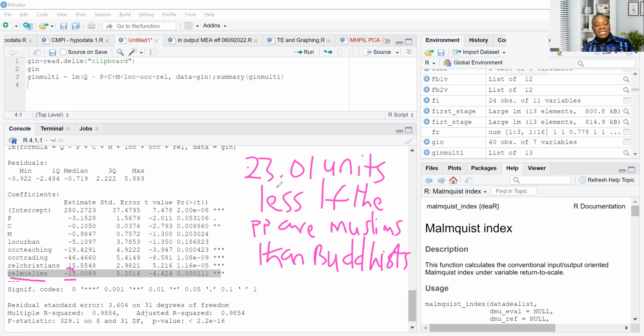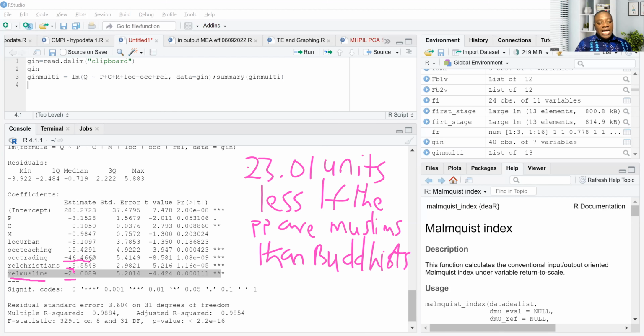Then you now say that quantity demanded is predicted to be 46.47 units less if the people are traders than fishers. Why fishers? Because fishing was the reference category. If the people are traders than fishers, then the quantity demanded will be 46.47 units less. Guys, please know this.